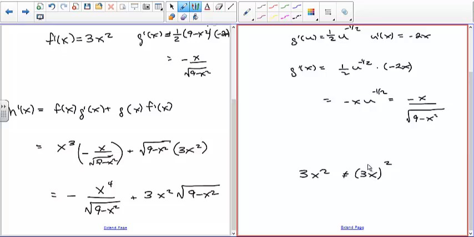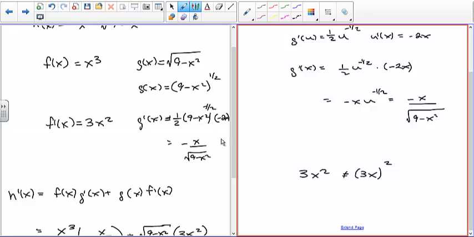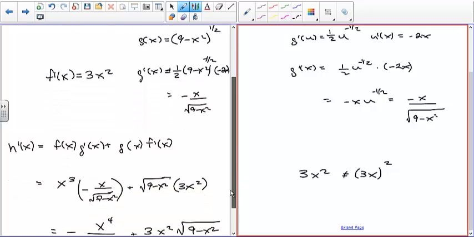If you have a quantity you're squaring, you can't just put the exponent there and assume that it applies to both of these. The only way that you know it applies to both of them is by putting the parentheses. Okay, so hopefully I did all that right. But as far as the notation is concerned, I think that's what's important.